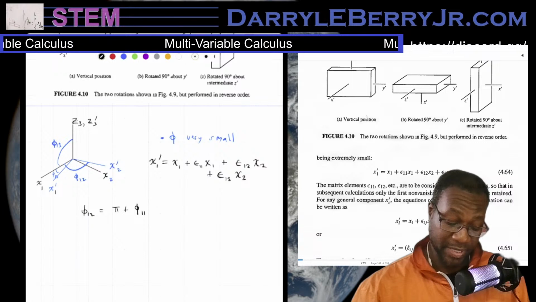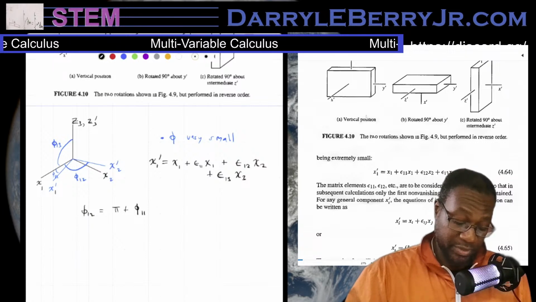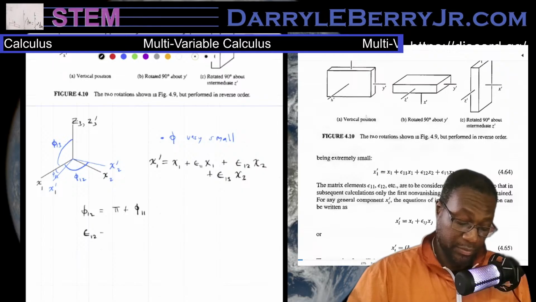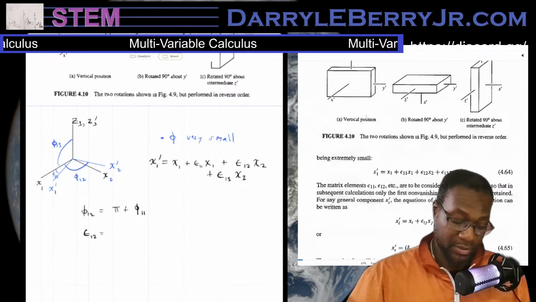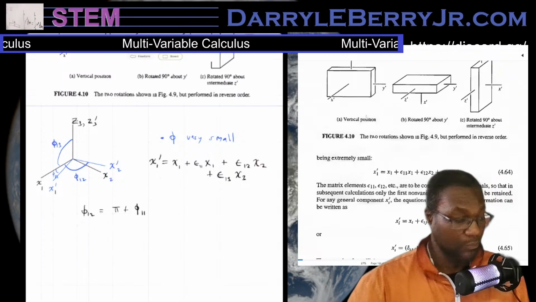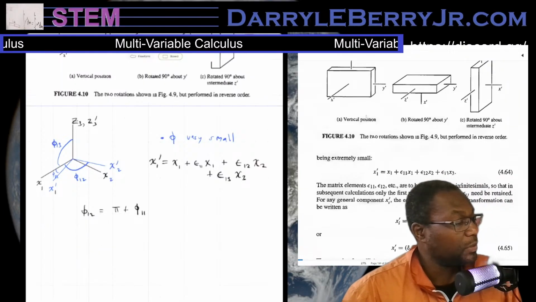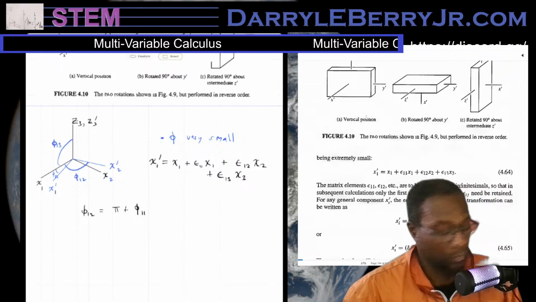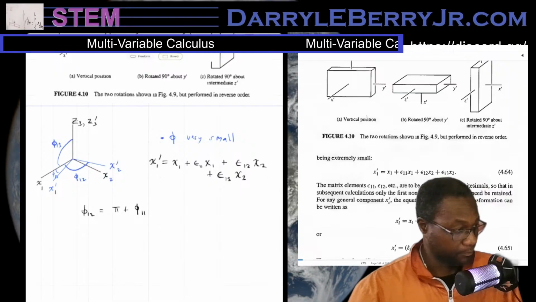So maybe that's why they did that. That would mean that E1 2 equals, I guess I can't necessarily do that, because it isn't clear what units or terms they have E1 1 in. It's just a matrix element, so I won't be able to put it in those terms.